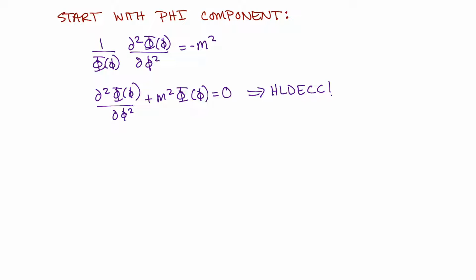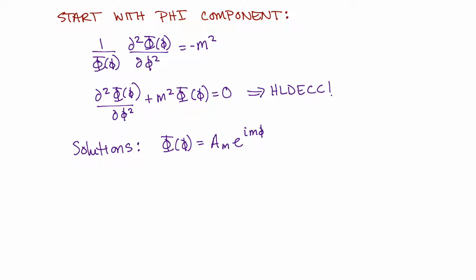Remember, we're always excited when we see that because we know what the solutions are to that form of differential equation. Similar to before when we've seen these types of expressions, the solutions are going to end up being of the form of our exponential.